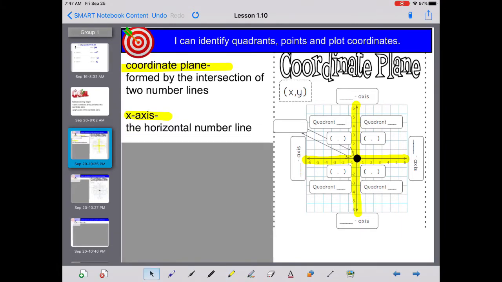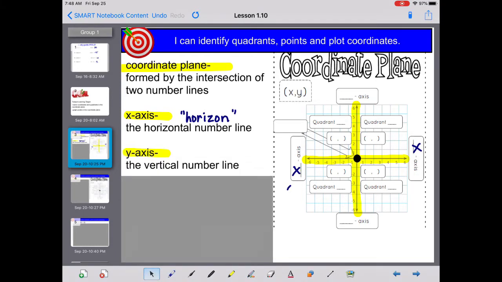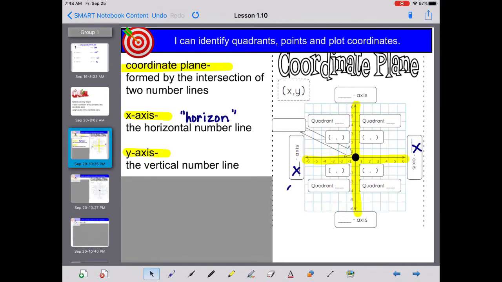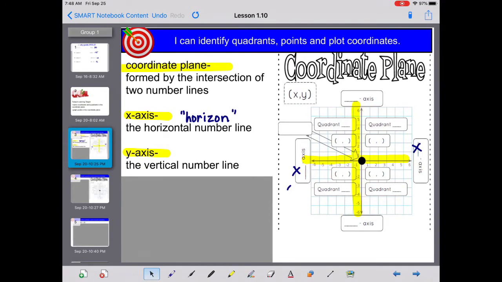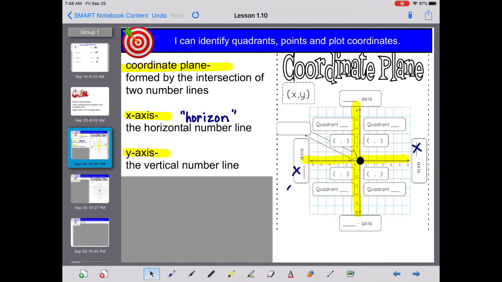The x-axis is the horizontal number line, so please label that here. A lot of people remember it because it is horizontal like the horizon. Next is the y-axis. The y-axis is the vertical number line.